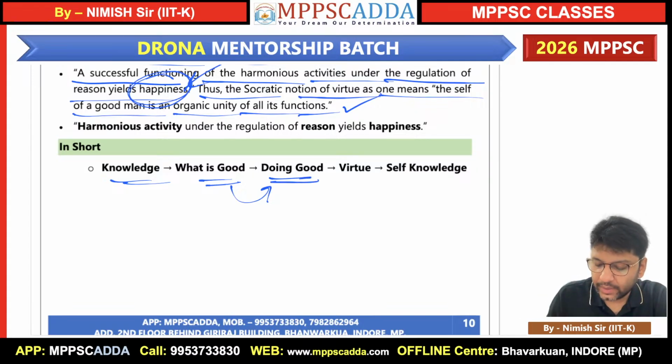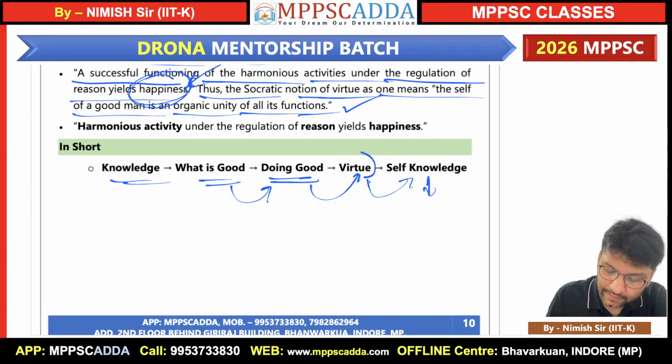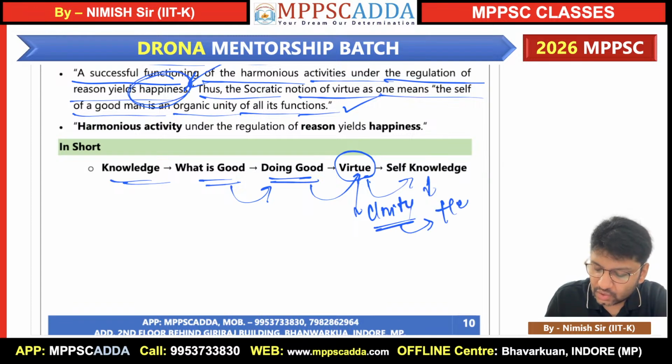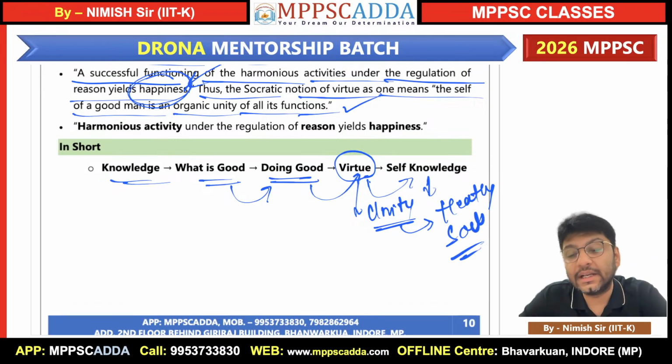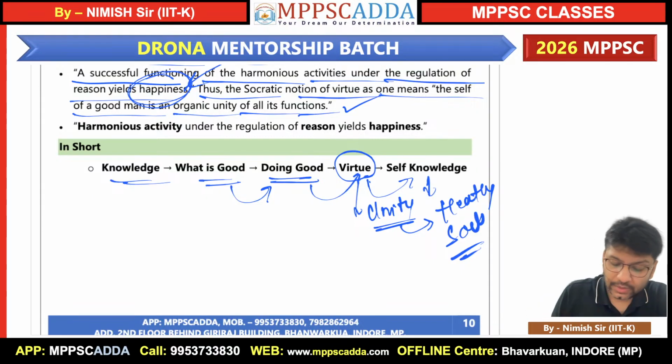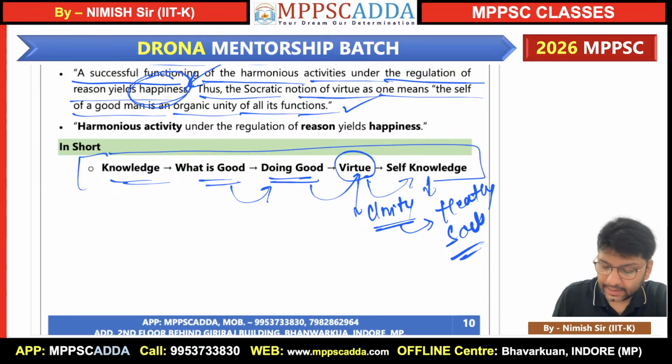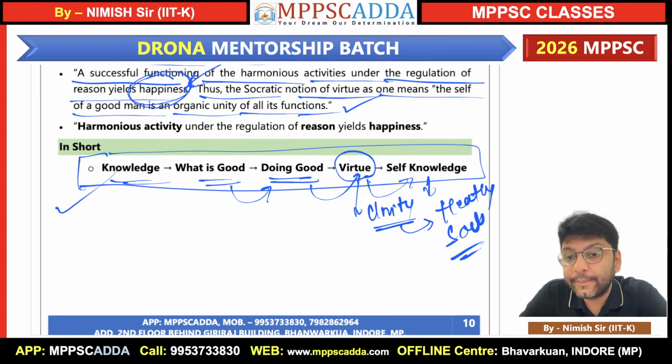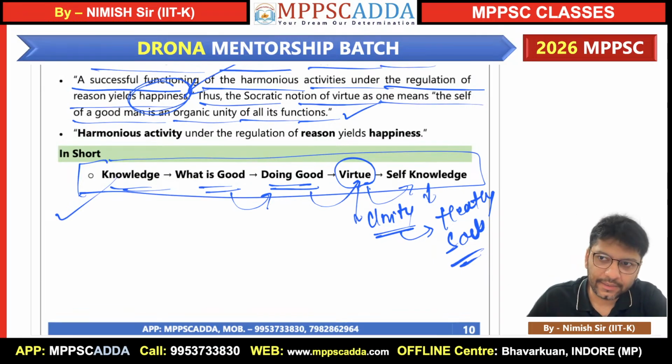Action part, doing good will lead to virtue and virtue will lead to the self knowledge, and the self knowledge के लिए जितने भी वर्च्यूज आप रखेंगे, वो फॉलो करेंगे, उनमें हमेशा एक यूनिटी रहेगी, because more healthy the soul is, more the self knowledge will achieve, right? सो ये फ्लो चार्ट जरूर याद रखना, अपने एग्जाम में ड्रॉ करना और एक बार इसको आंसर लिखने की प्रैक्टिस करना, which you can see on the screen, right?